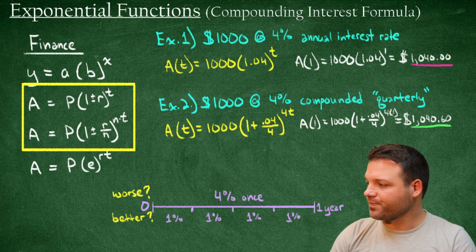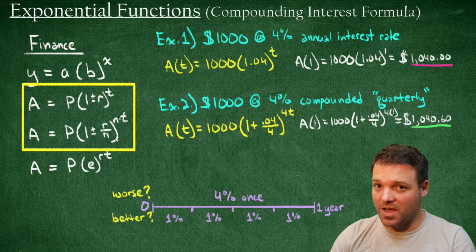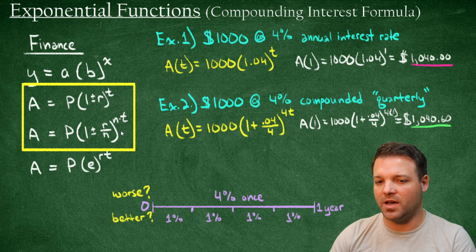Okay. Now, the last thing I want to talk about is that really these two functions are exactly the same, and I've kind of alluded to that already. This simple interest formula right here is technically the exact same thing as the compounding interest.